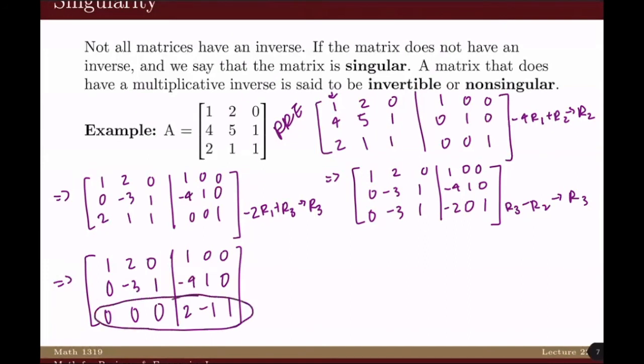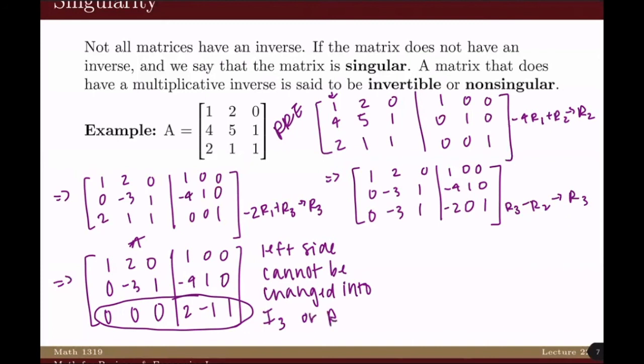This is not good. This means that the left side, so this was the matrix A, cannot be changed into the identity matrix. So that's going to be I3 in this case.